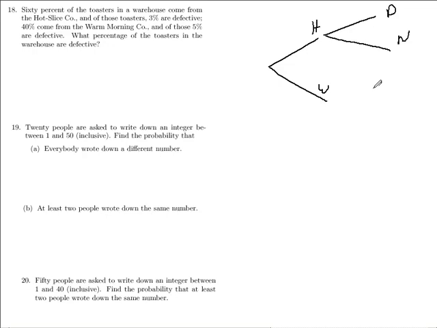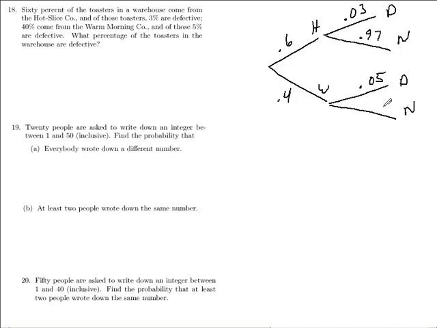We have defective and not defective. So 60% of those from that company, 40% from there. 3% of the hot slice toasters are defective, and 5% of the other companies are defective.